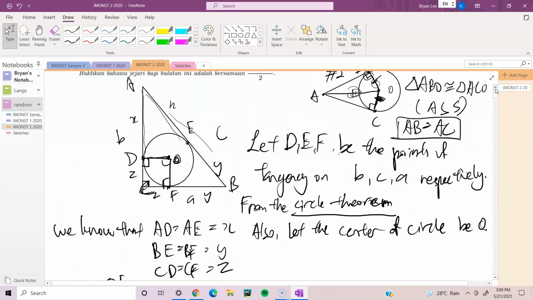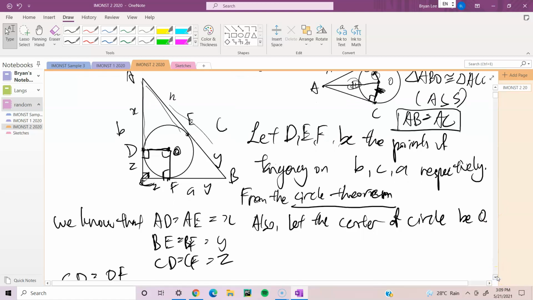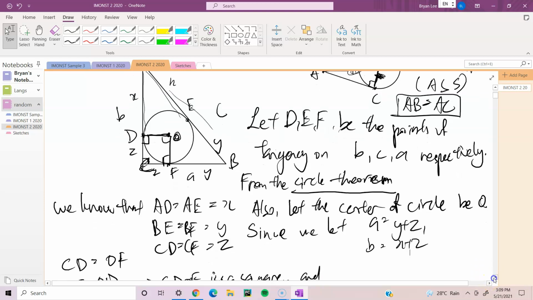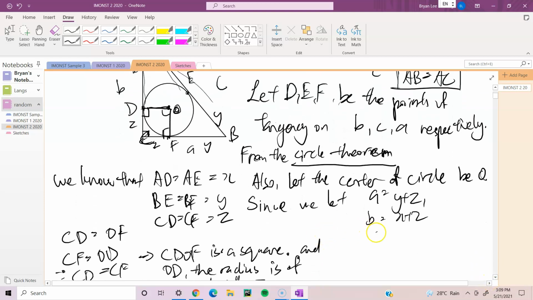Now, using our previous notation, as we can see here, we have ABC, but we split them up into some x's, y's, and z's. So since we let a equal y plus z, then we would have b equals x plus z, then c equals x plus y.